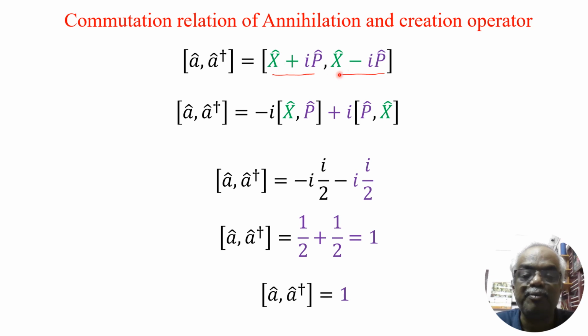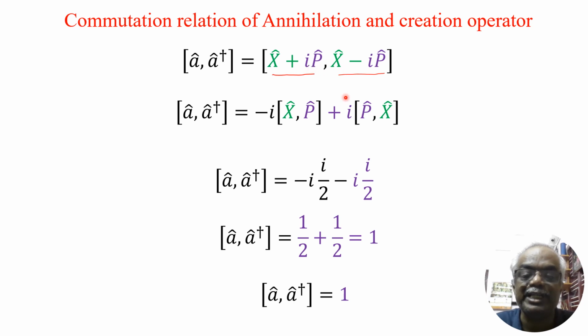X with the commutator of X with P, because X with X will commute. Similarly, P with P will commute. So that you can ignore. But P and X will not commute.